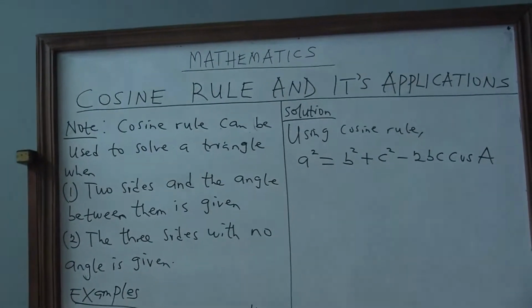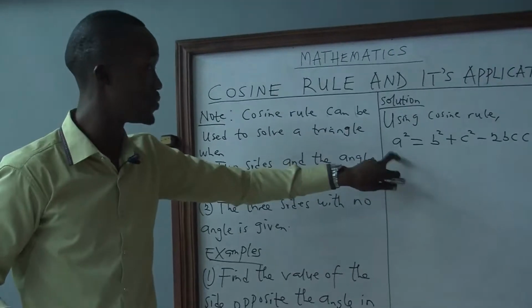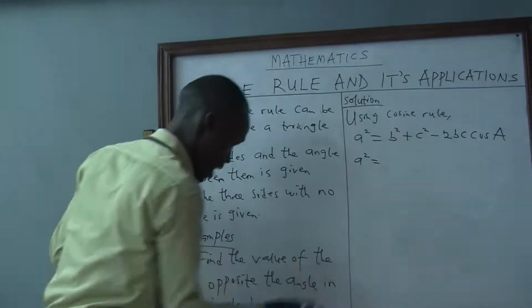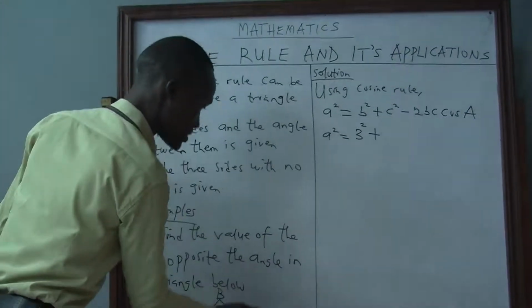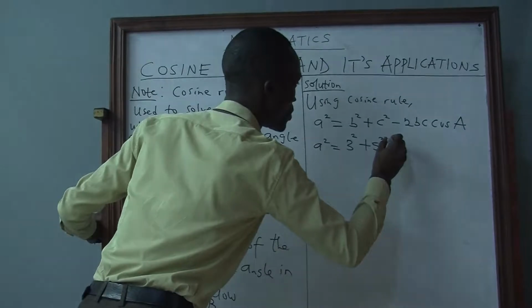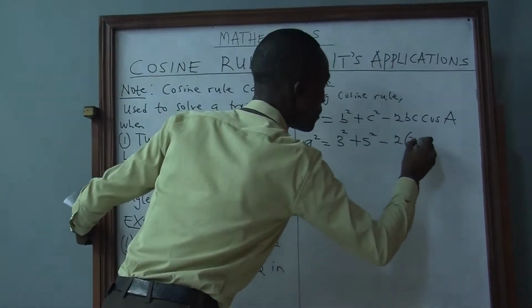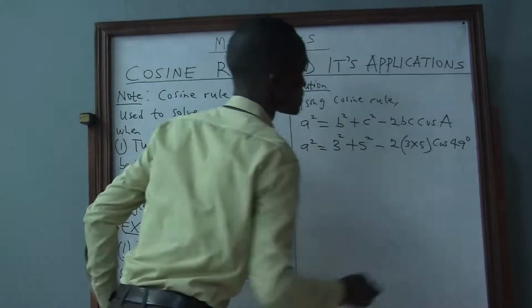If you have to calculate b, we use the other one, which is in terms of b. So from here, a square, our b is 3, we have 3 square, our c is 5 square, minus 2 into 3 multiplied by 5, then cos 49.